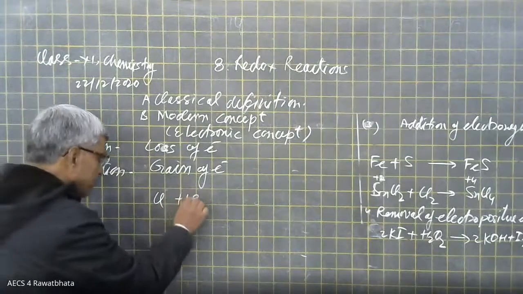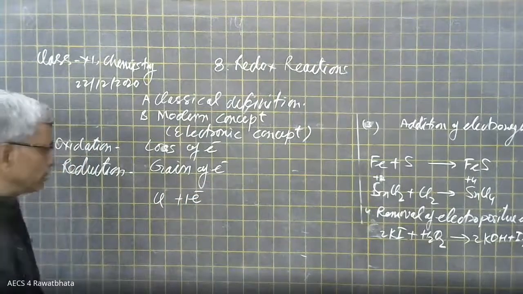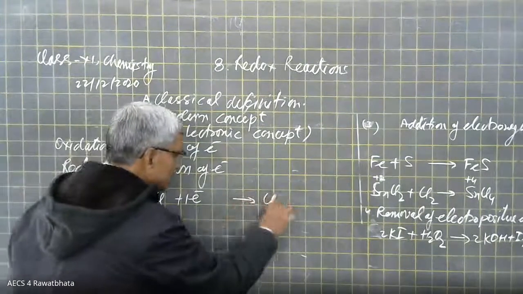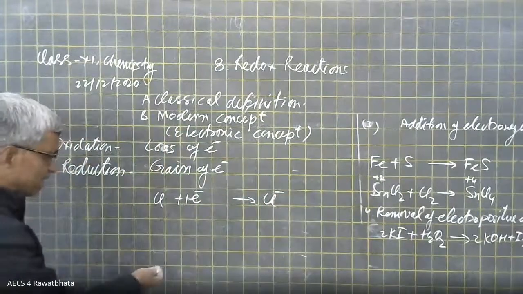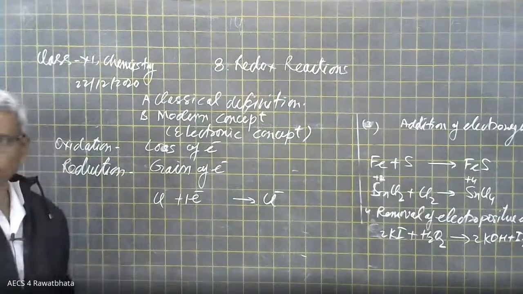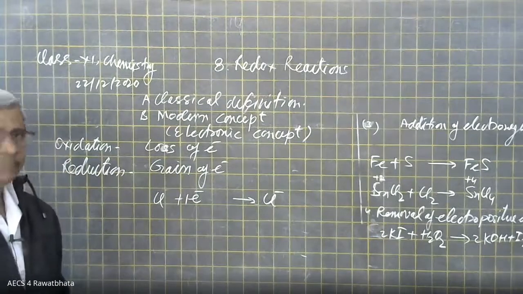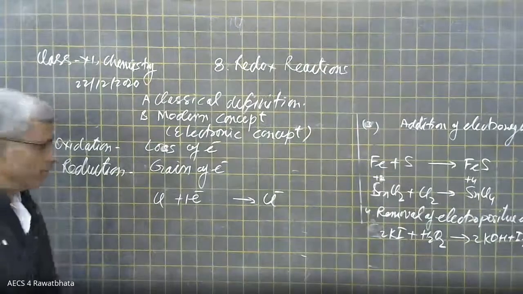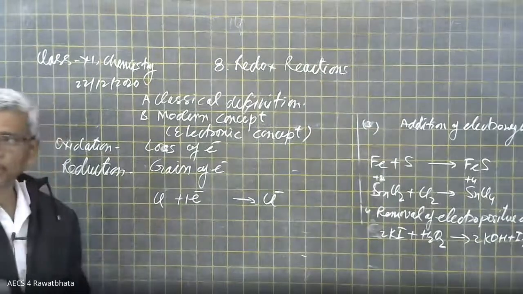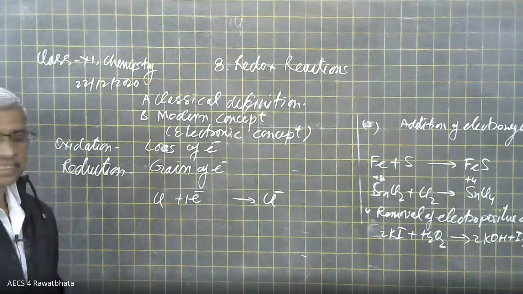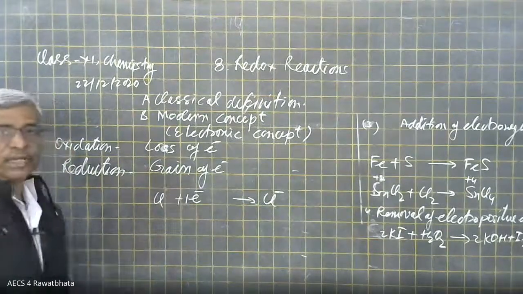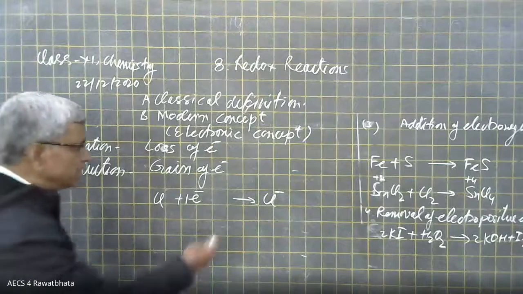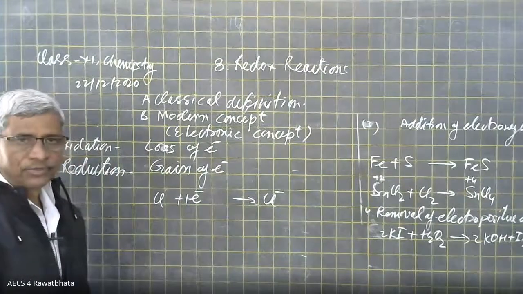It is an electronegative element and takes an electron to form Cl minus. I have written an example just opposite to that in oxidation. That is possible, and this is also happening under suitable conditions. When chlorine combines with an electropositive element, it takes an electron from the electropositive element and changes into chloride ion. Okay, beta?